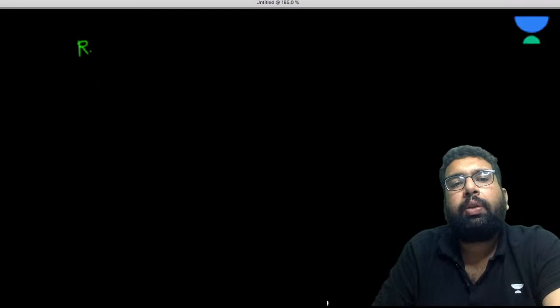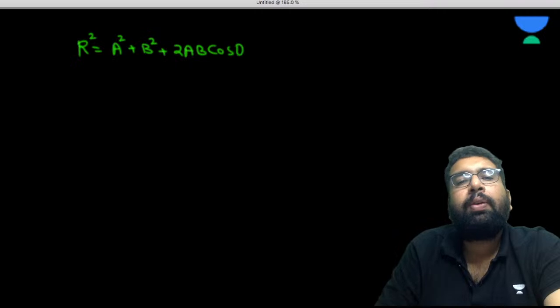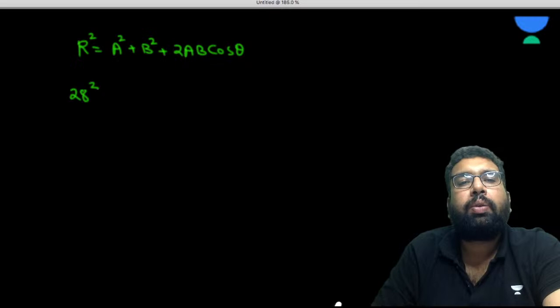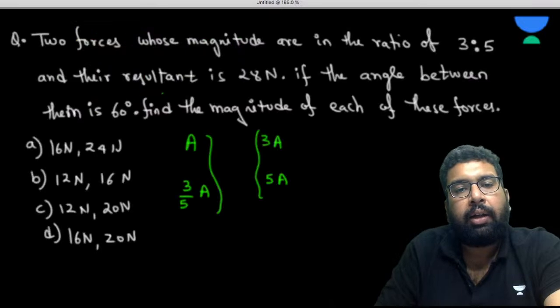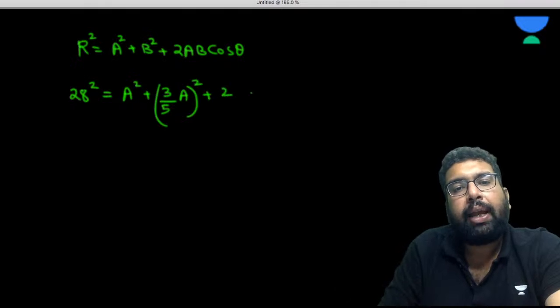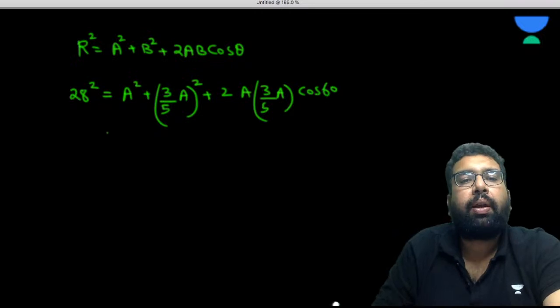So the resultant, we know, R square is equal to A square plus B square plus 2AB cos theta. Now R is given as 28, so we can write 28 square is equal to A square plus the other, 3 by 5 of A, square, then 2 into A into 3 by 5 of A, and cos theta, that is given as cos 60.